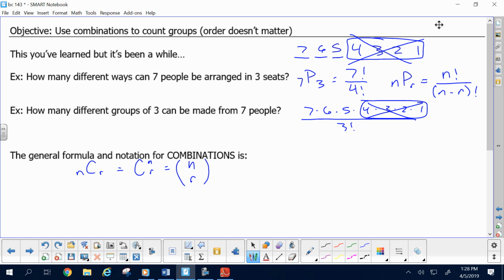But I don't know if that's universal, quite frankly. And the formula for that is arrange them all, n factorial, remove those that are not being chosen, n minus r factorial, and also remove the ordering of those that are chosen. That leaves you with groups. That boils it down to an essence of just groups. You with me? All right.